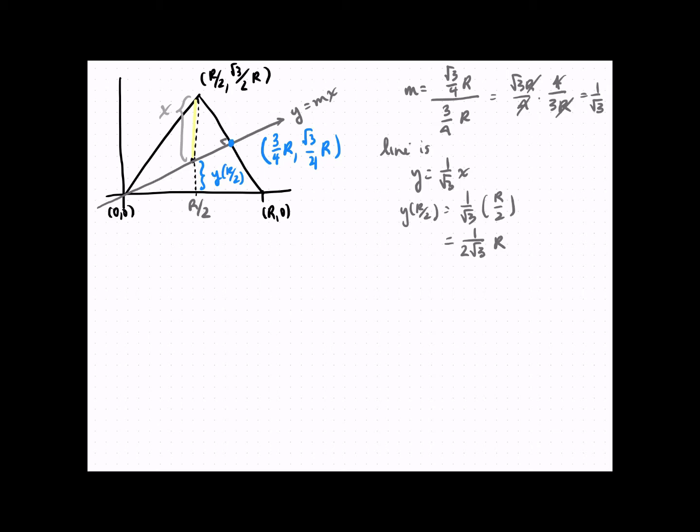Now I'm interested in x. X is root 3 over 2 r. That's this big distance, minus the small distance we just calculated, and that is 1 over 2 root 3 r. So first let me factor out the r.